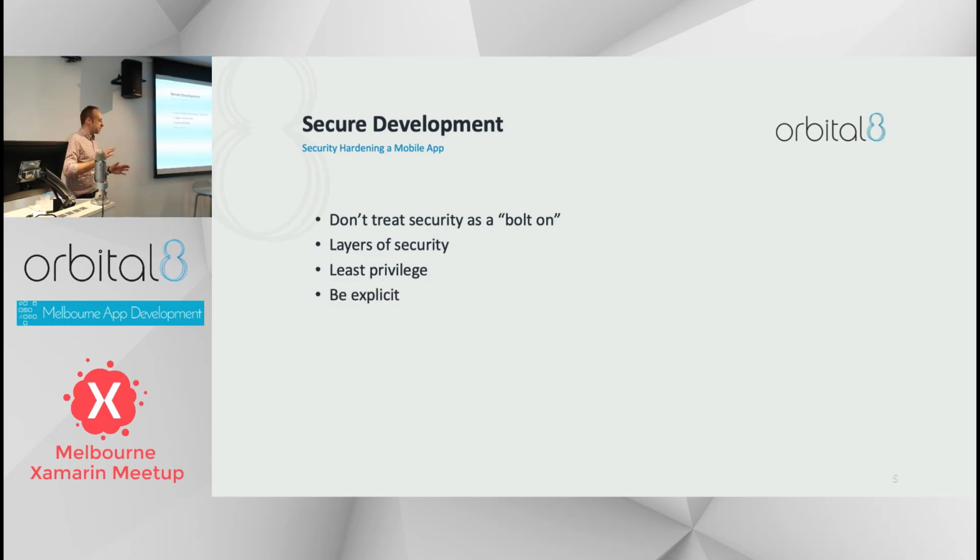And this is perhaps a bit more just my preference. I like to be explicit in the code. So a lot of security features that come out of iOS or Android have sensible defaults. So you might not necessarily need to declare that your app must use HTTPS. But I still like to put that declaration in the manifest that says my app will be using HTTPS and won't be using HTTP.